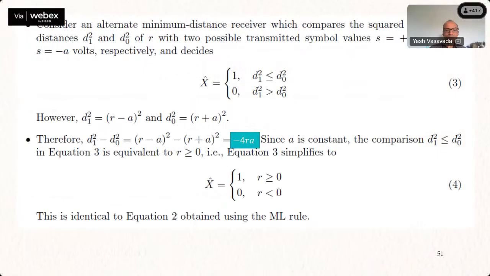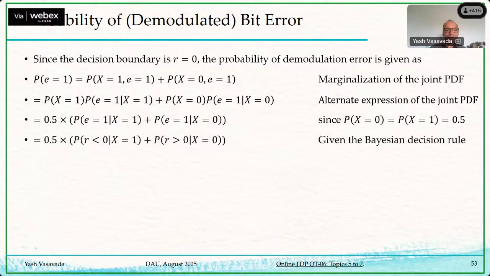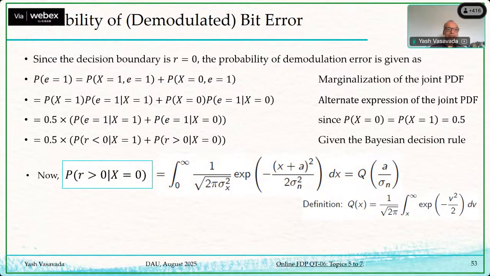So I just need to evaluate one of the two areas, and then the second area is going to be the same. I'll just evaluate the area for the case when x is equal to 0 transmitted. I'll evaluate the area under the red curve now over the positive values of r.